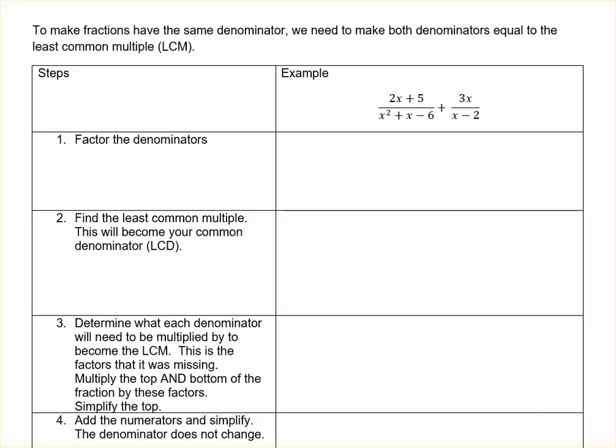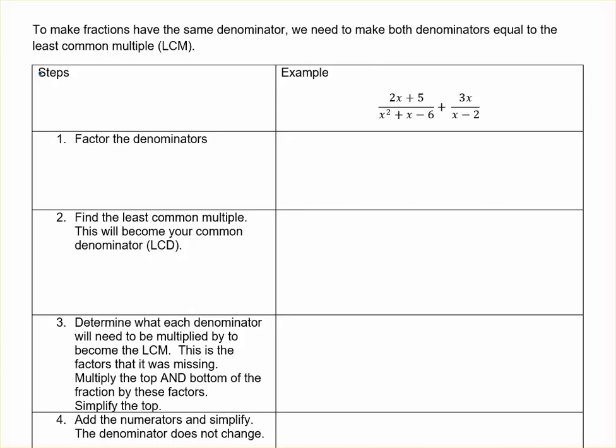Now again, let's apply this to adding fractions. To add our fractions, we need to have a common denominator. Look at this example. 2x plus 5 over x squared plus x minus 6 plus 3x divided by x minus 2. Right now I do not have common denominators, so I can't add them. To find our common denominator, we're going to start by factoring the denominator.